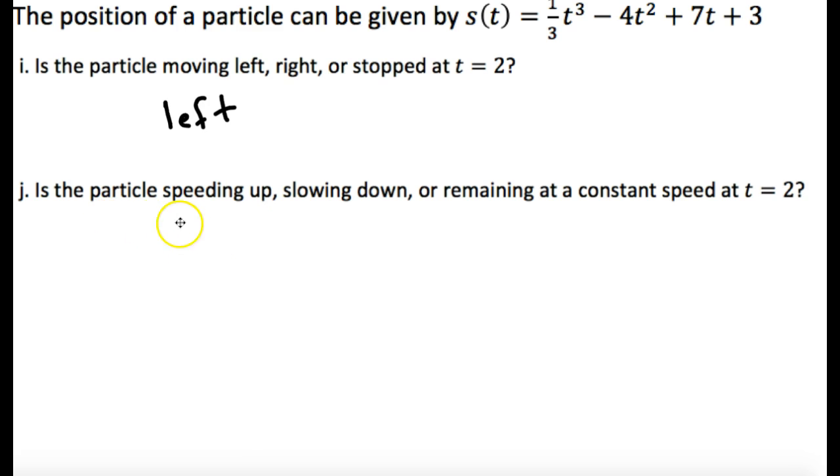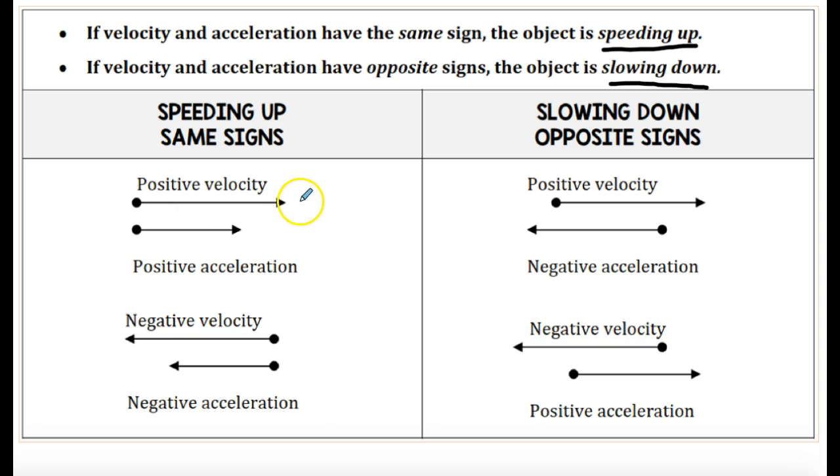Now, is the particle speeding up, slowing down, or remaining at a constant speed at t equals 2? Remember, you need to look here. If velocity and acceleration have the same sign, we're speeding up. If velocity and acceleration have opposite signs, we are slowing down.